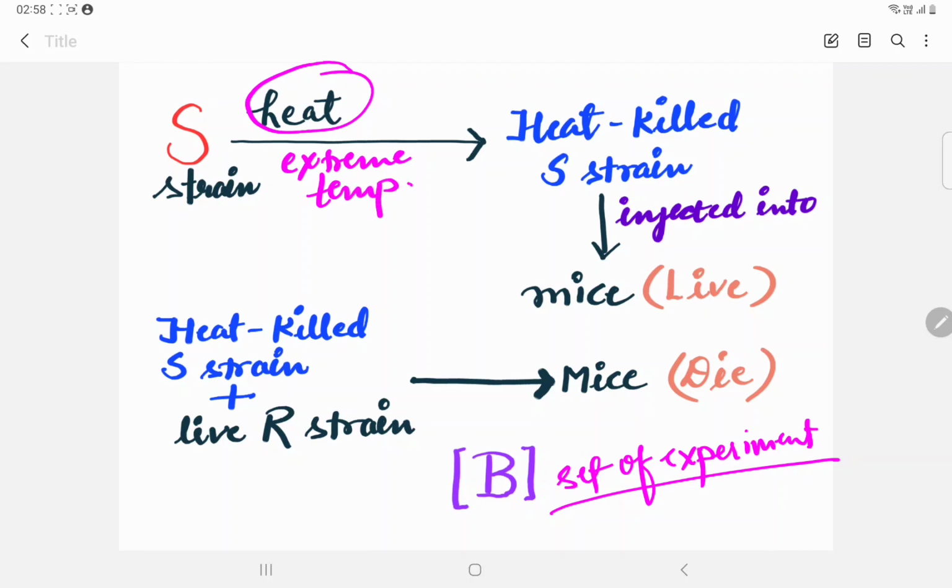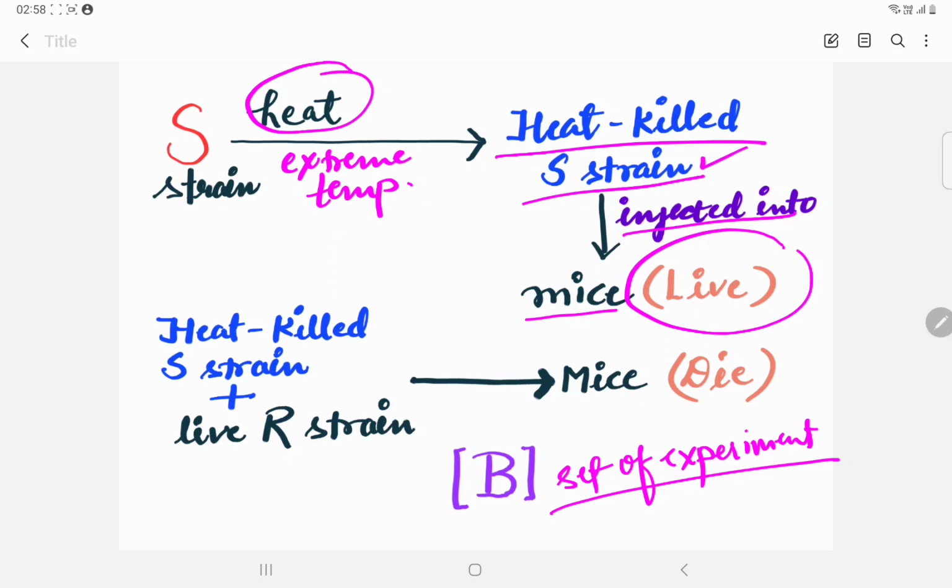Extreme temperature makes the S strain of bacteria ineffective, and when these heat killed S strain bacteria were injected into the mice body, surprisingly the results were quite opposite from the A set of experiment. Here mice live.